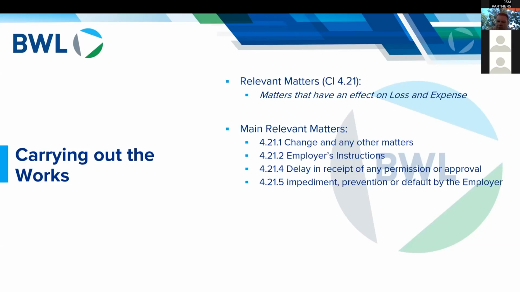So we've acted for a developer recently in respect of a JCT design and build contract, so this particular one. And we were arguing over the amount that was being asked for in the final account.